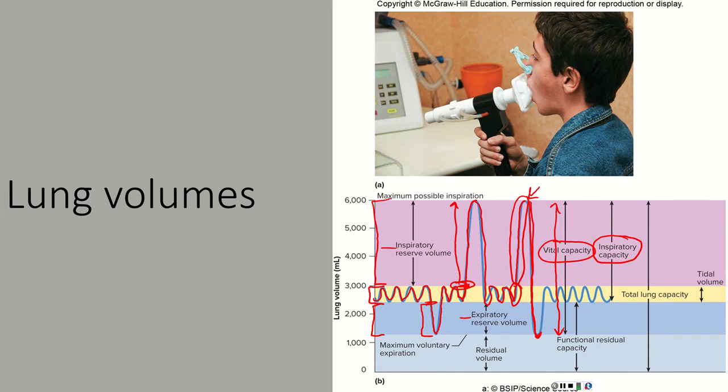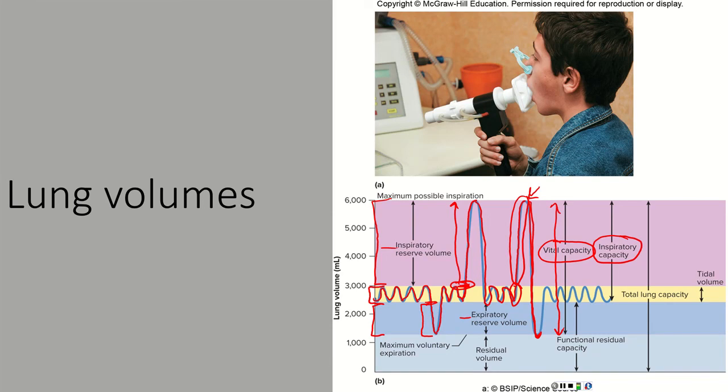Now, the vital capacity is going to have a few different definitions. First, it is inspiratory reserve volume plus tidal volume plus expiratory reserve volume. I'll say that again. Vital capacity is inspiratory reserve volume plus tidal volume plus expiratory reserve volume.